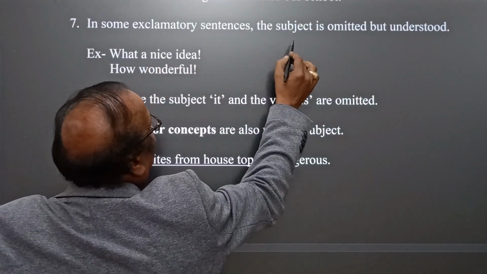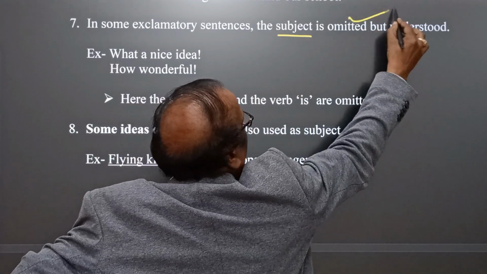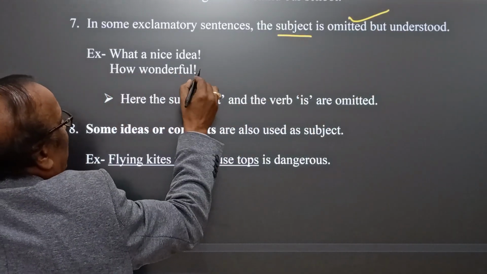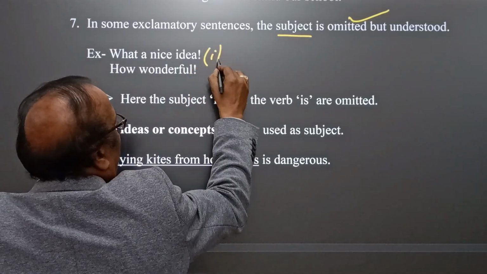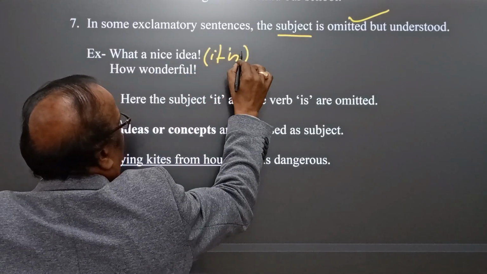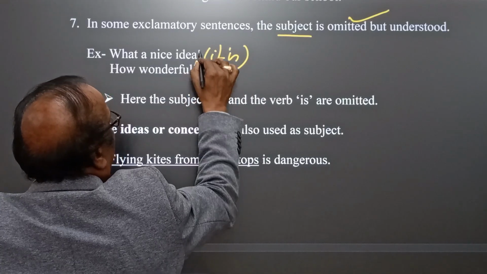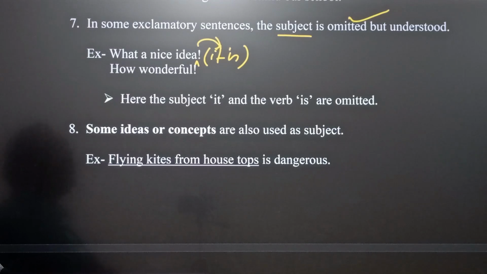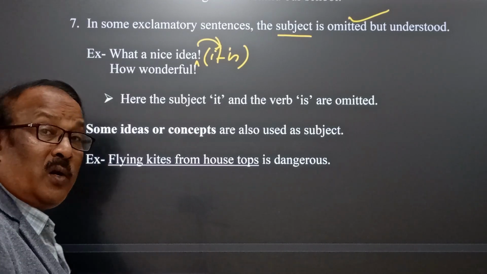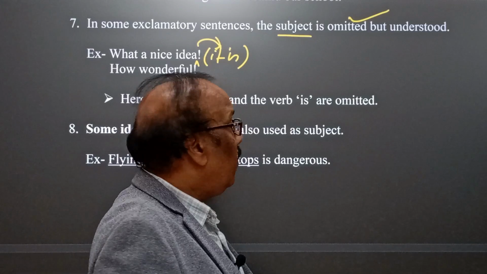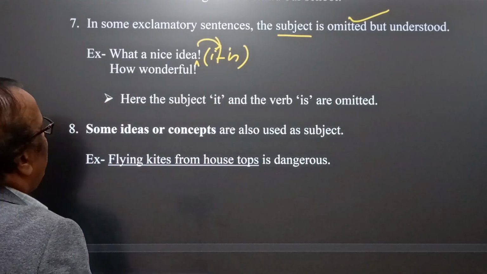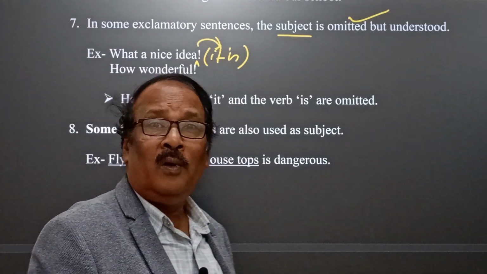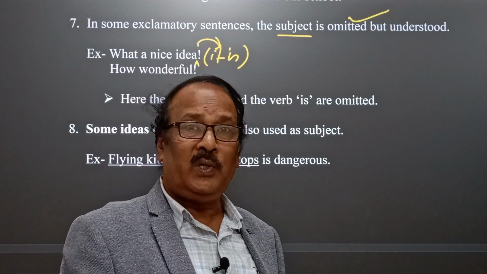Now comes another interesting idea. In some exclamatory sentences, the subject is omitted but understood. 'What a nice idea!' Here it is, 'What a nice idea it is.' Also, 'How wonderful it is.'